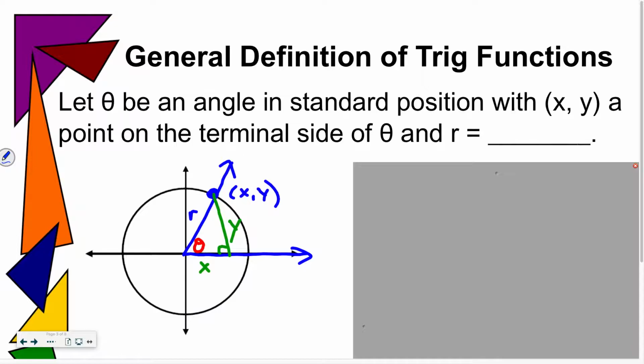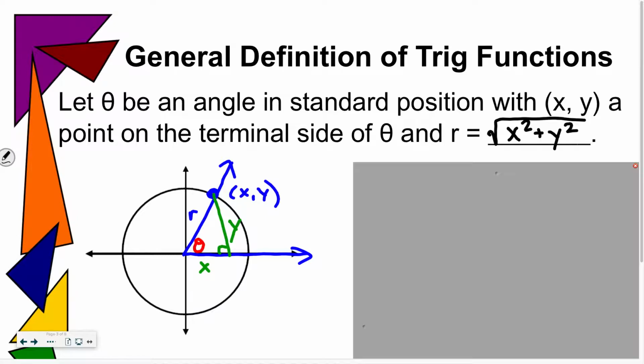It will have to be the square root of x squared plus y squared. So I'm going to go ahead and write that down. On that previous example, I wrote it like the Pythagorean theorem, r squared equals x squared plus y squared. If you like writing it like that and then square rooting both sides, cool. If you want to take a shortcut, because you know it's always going to be r equals the square root of x squared plus y squared, you can take that shortcut.